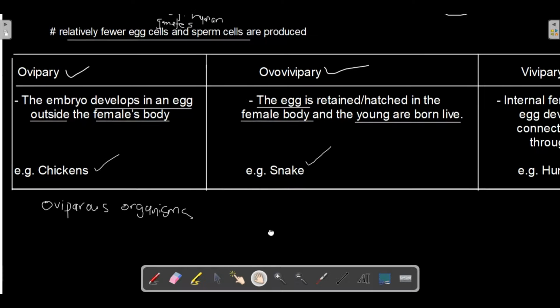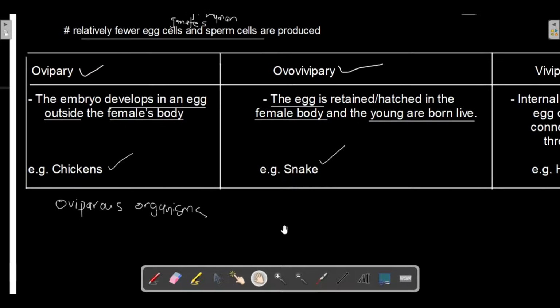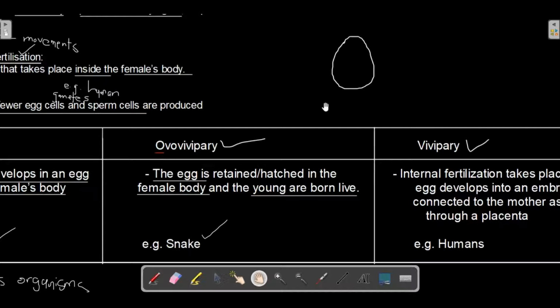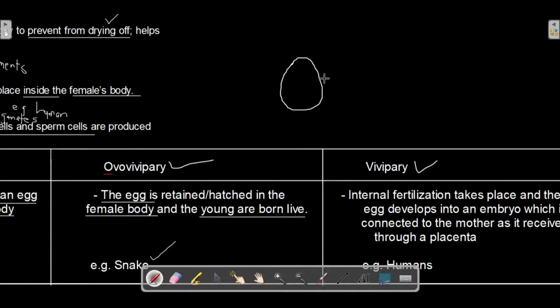Now, what is similar between these two? Both of these have an O at the start, and the letter O looks like an egg.